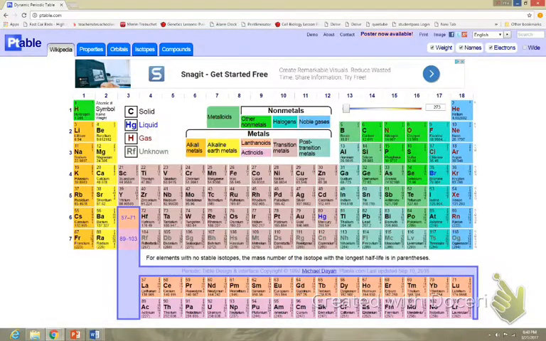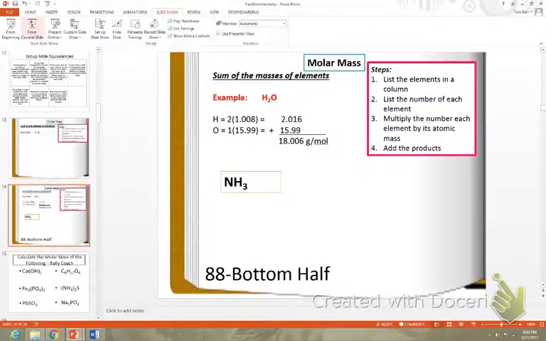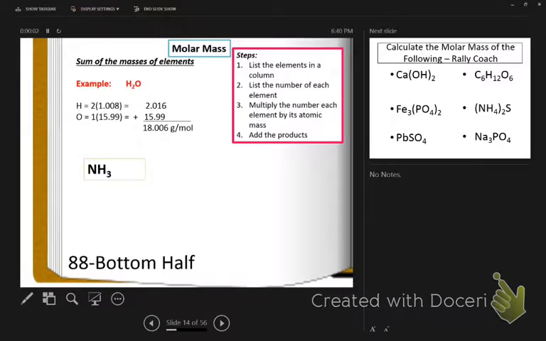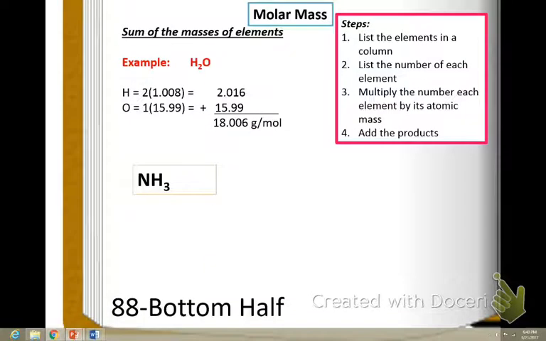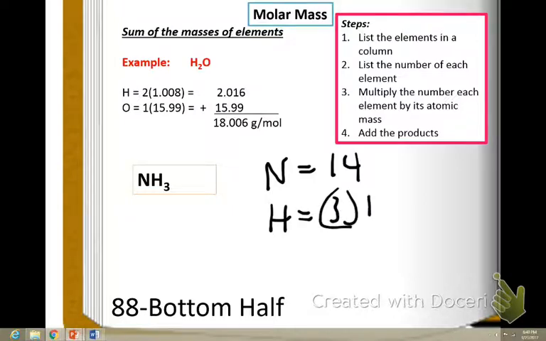So to do it quickly, nitrogen is 14, about 14.007, and hydrogen, there's 3 of them. I want you to be specific, but I'm doing this quickly. So 3 times 1 is 3. 14 plus 3 is 17.